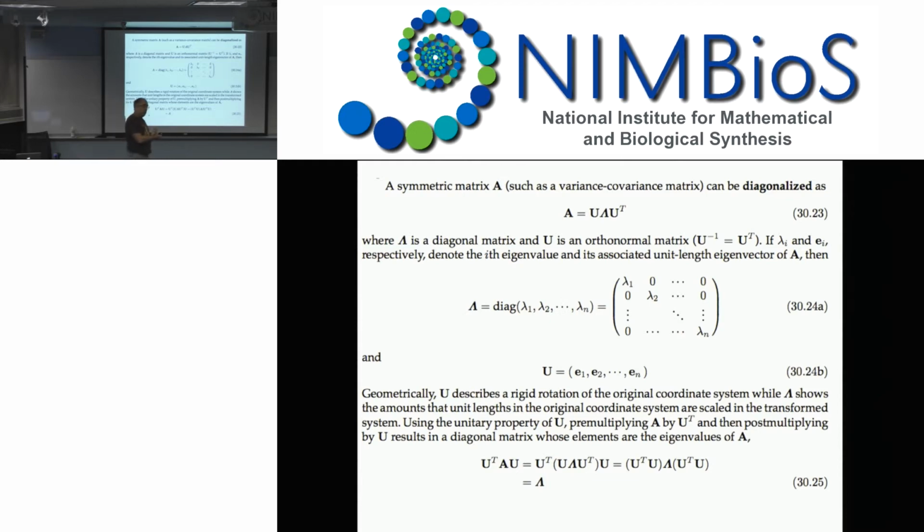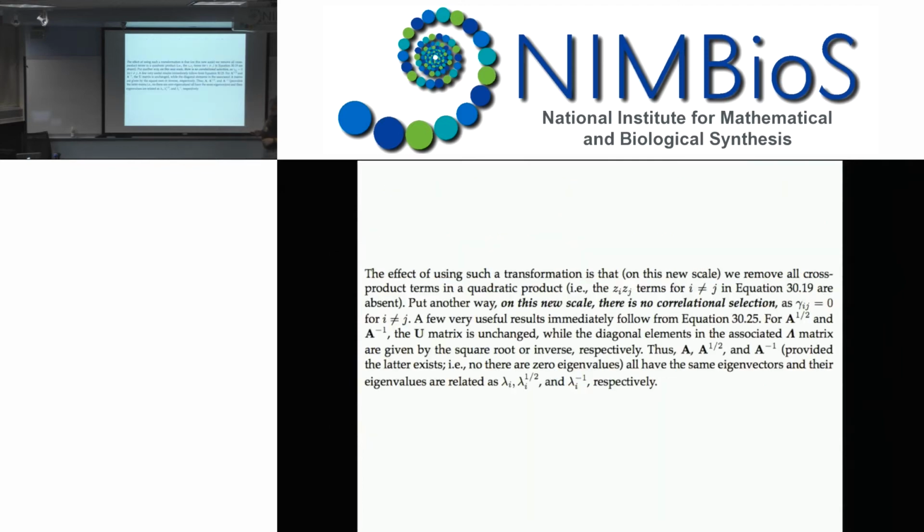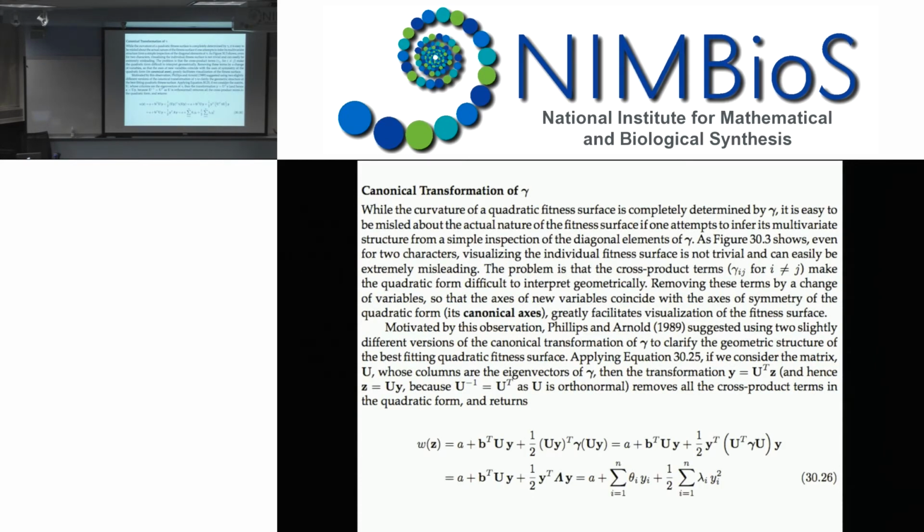So I can take a set of correlated characters and translate them to a new set of axes where they're uncorrelated. And on this scale, these cross product terms go away. These cross product terms are often called correlational selection. So it's much easier to visualize the structure if you can ask what happens on combination 1, combination 2, combination 3, combination 4, independent of all the others. And this transformation does that for you.